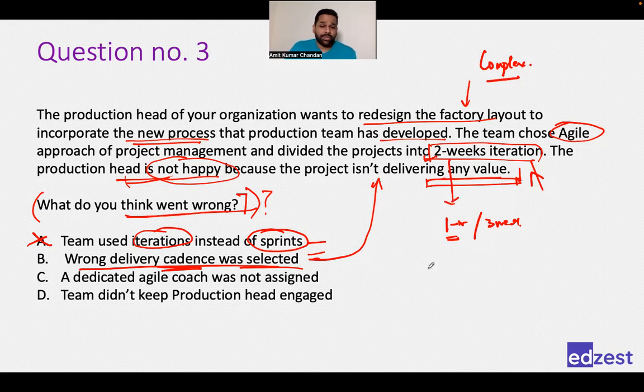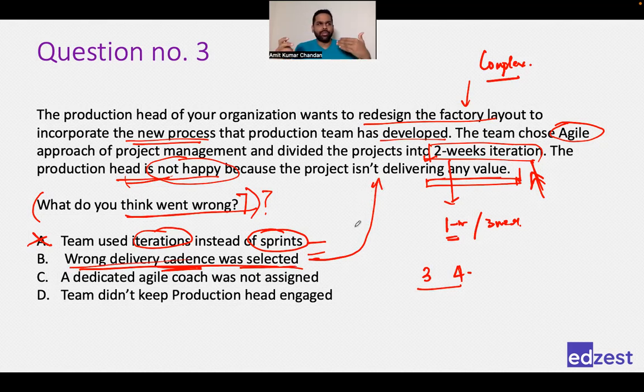Probably if it was 3 weeks, probably if it was 4 weeks, right, then maybe we would have built some user story which would actually deliver value. So currently what is happening in 2 weeks, they're building something, they're getting that feature and it is running also, but for the customer it is of no value. Right? So can this be a result of not delivering value? Yes, it is possible. And this is what we are looking at.